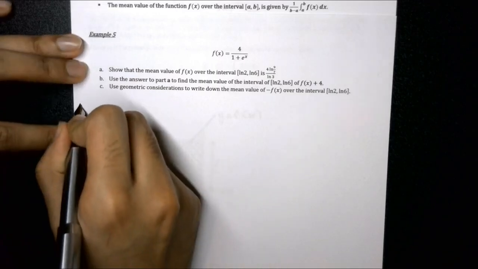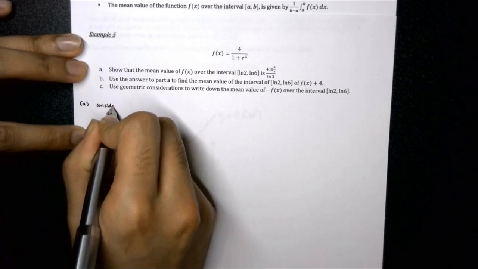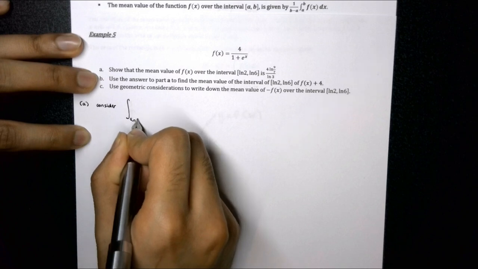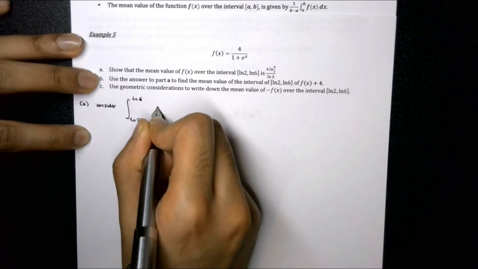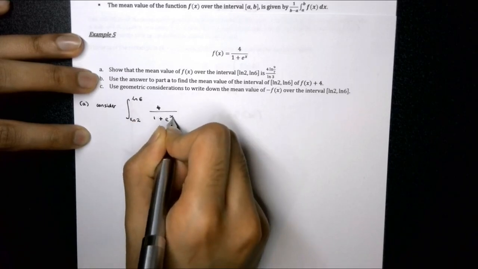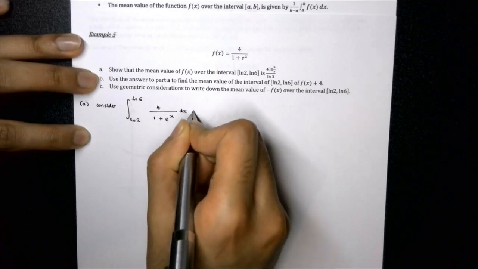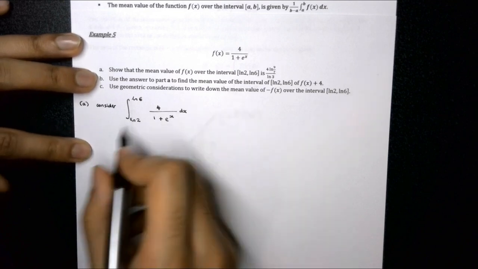So for part A, if we consider the integral from natural log 2 to natural log 6 of 4 over 1 plus e to the power of x with respect to x, we can use integration by substitution to help us do this.